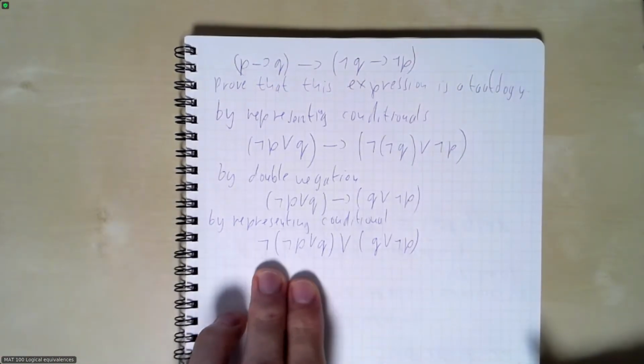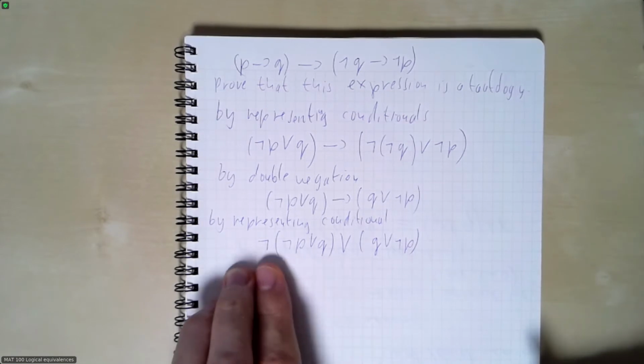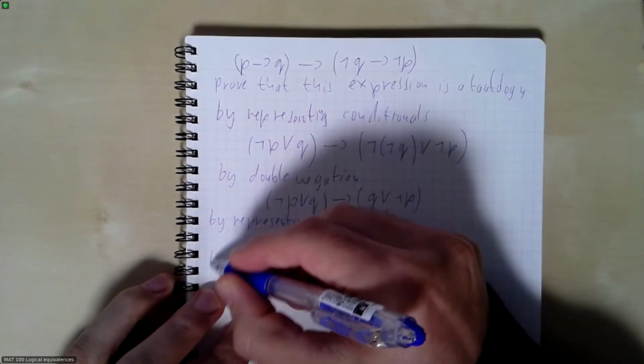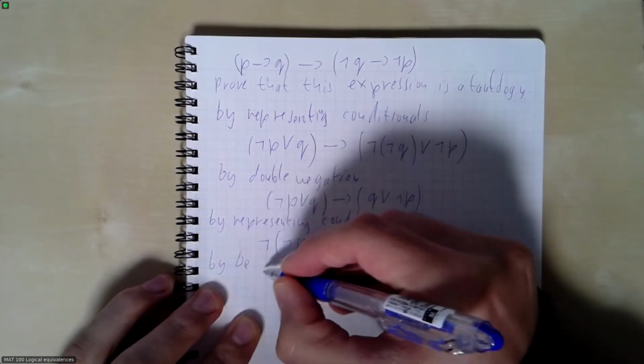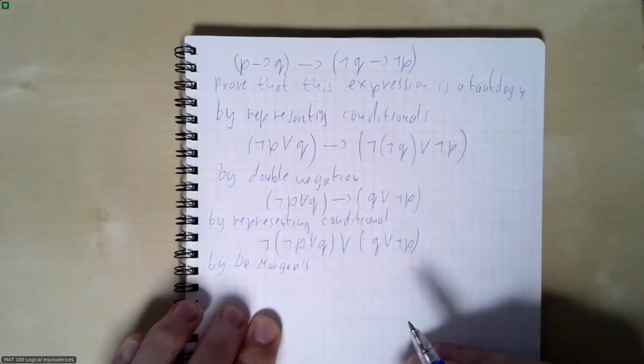Right. So this one, I have a disjunction, a logical OR, and it's negated. So I need to use De Morgan's rule.